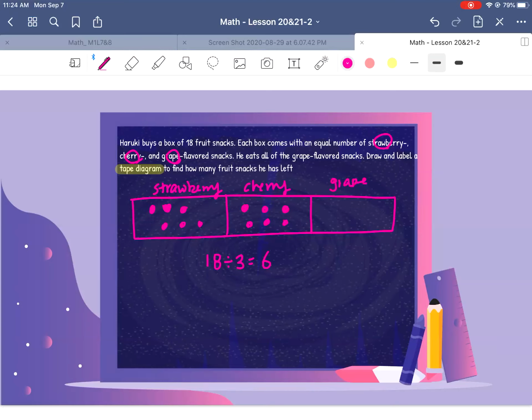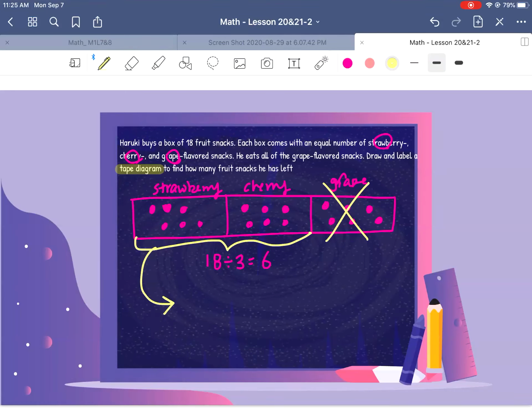And for grape, he also has 6 fruit snacks. Okay. And then he eats all of the grape flavored snacks. So now we know that he has eaten up all of his grape. And we're looking for how many fruit snacks he has left, which is these 2 flavors.